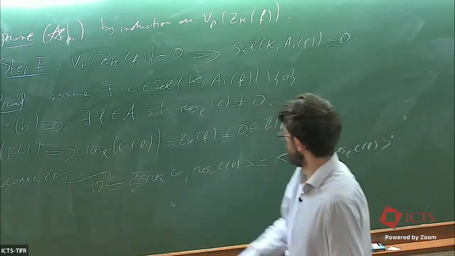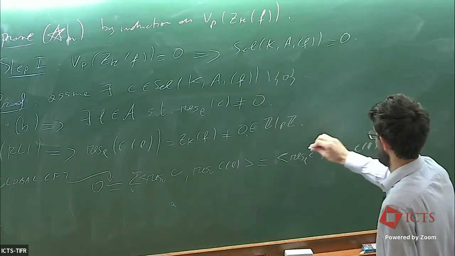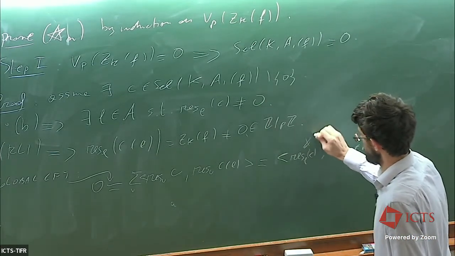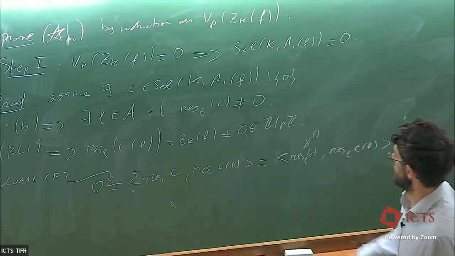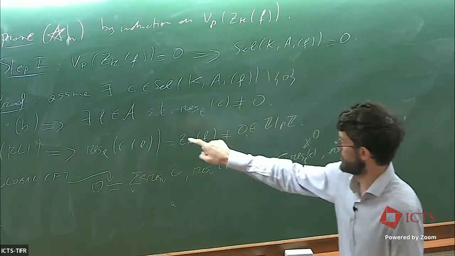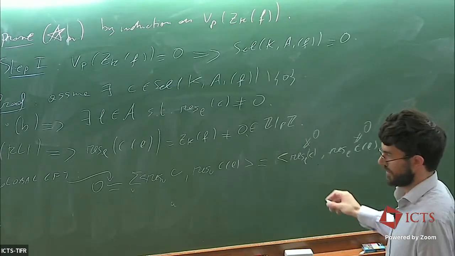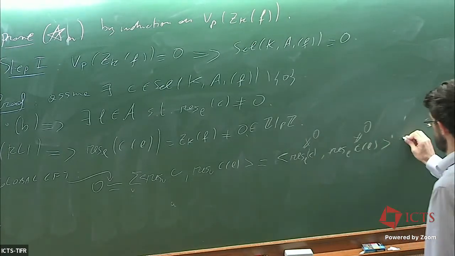Okay, but now we just check. So this is non-zero, and that's what we did here, and this is non-zero, like what I said here. And now the pairing between the singular and the ramified part is a perfect pairing, and so this is a contradiction.